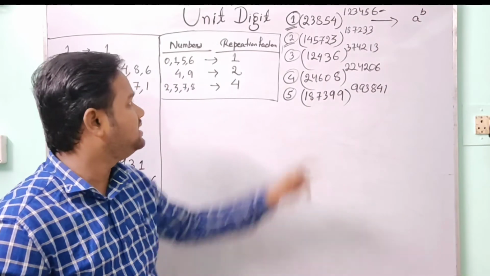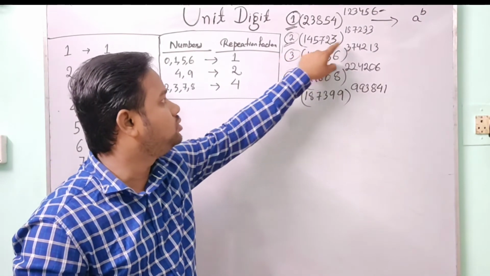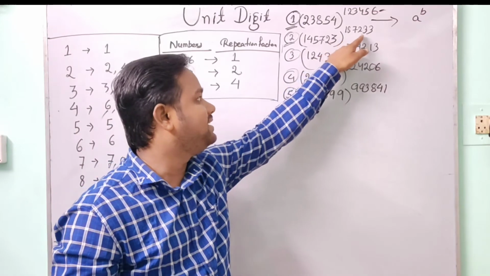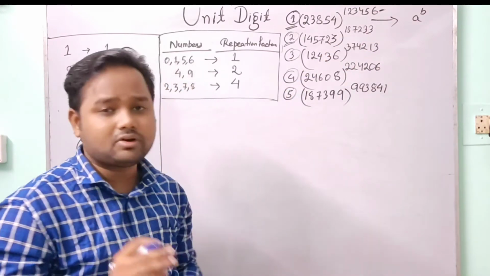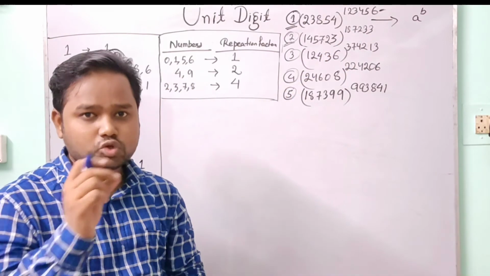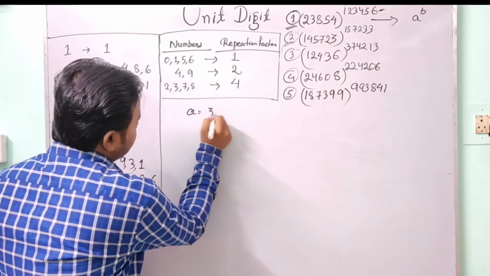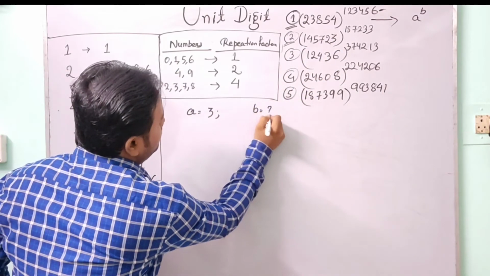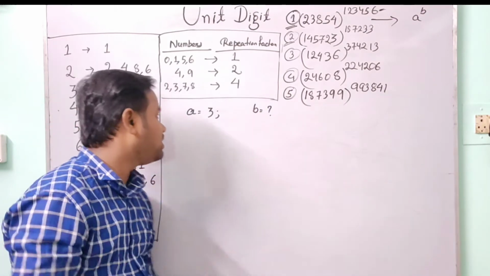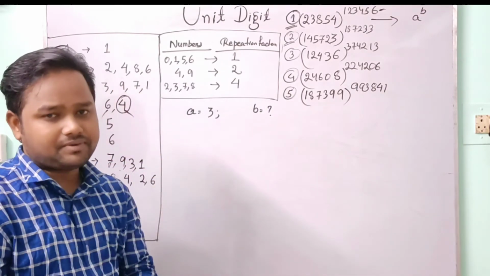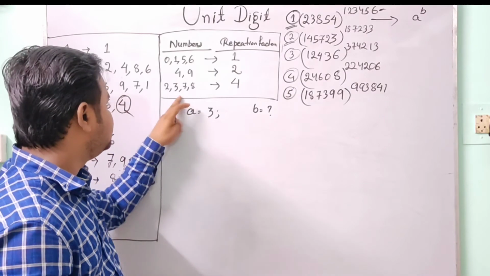The next example is 145723 to the power of 182333. Here we have to convert into a power of b. So a is equal to 3 here. For finding b, we check the repetition factor of a. The repetition factor of 3 is equal to 4.